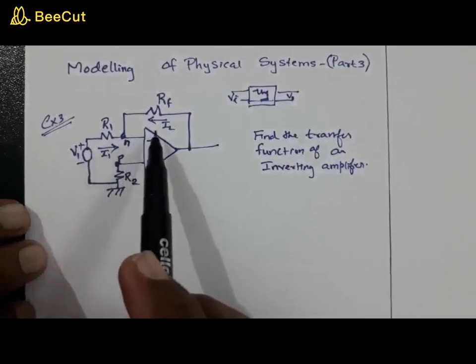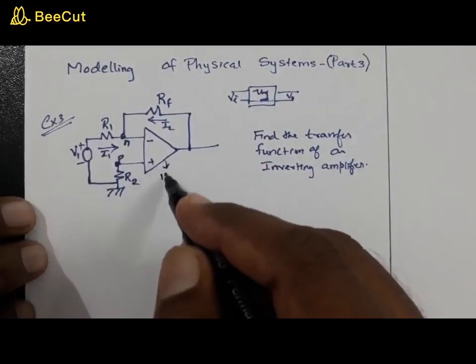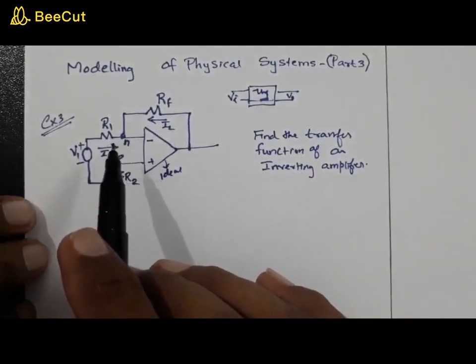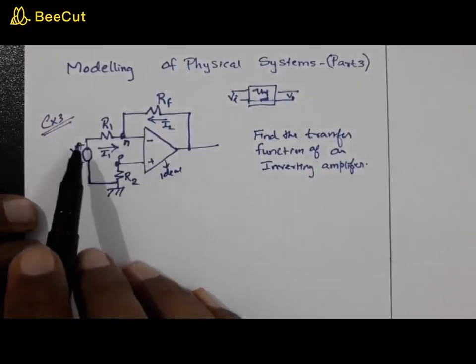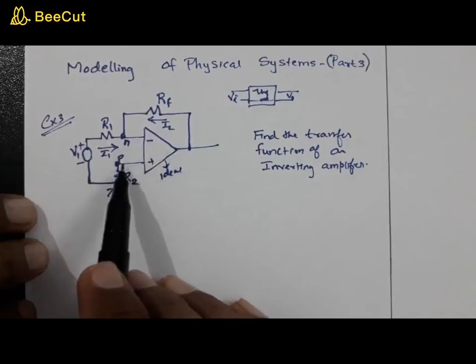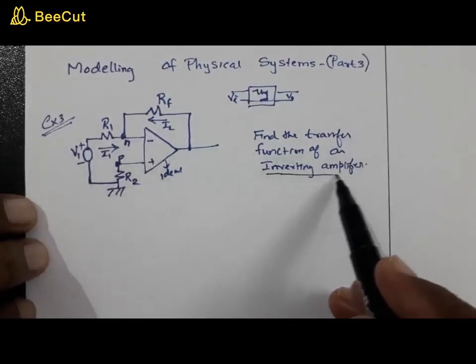Here you have this op amp, and assume that it is an ideal op amp, so its input impedance is close to infinity. The voltage source is connected to the inverting terminal, and the non-inverting terminal is grounded, hence this is an inverting amplifier.